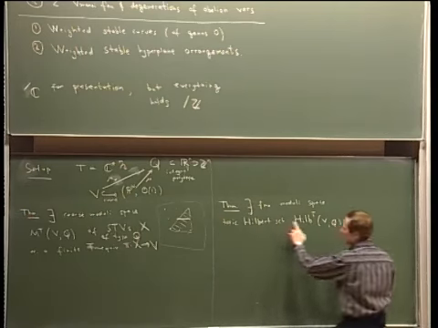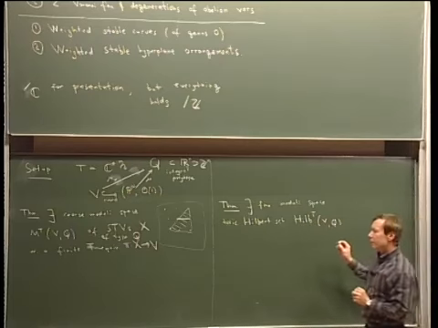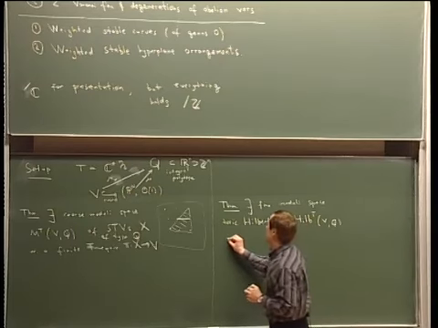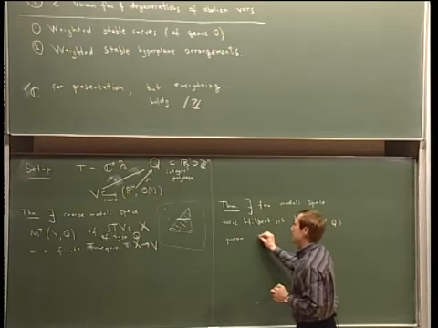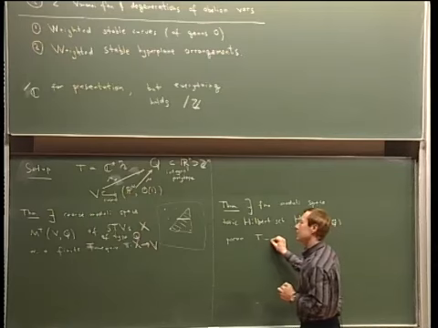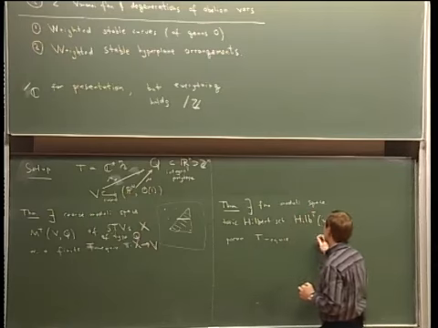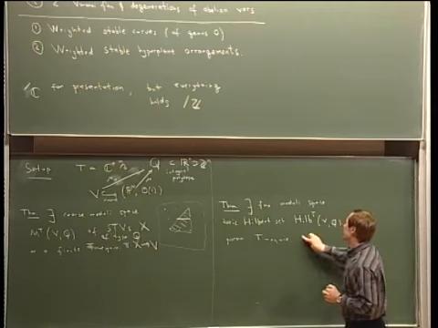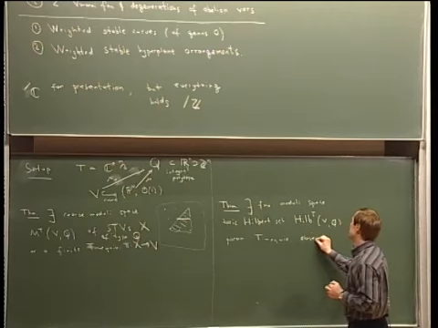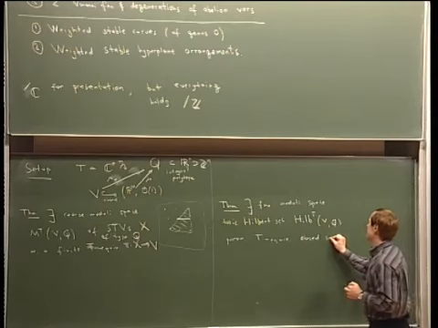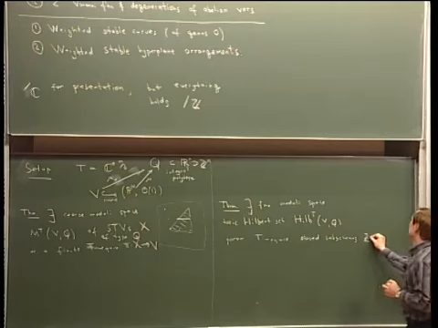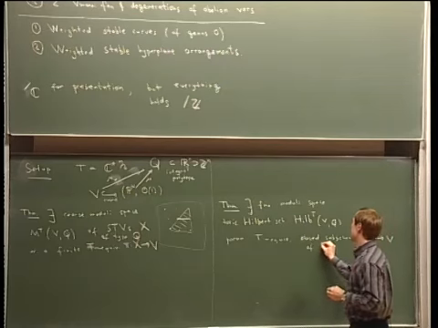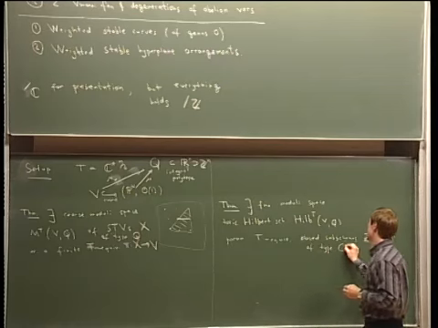And on the other hand, there is a toric Hilbert scheme parameterizing T-equivariant subschemes, closed subschemes, Z in V, and again of type Q.